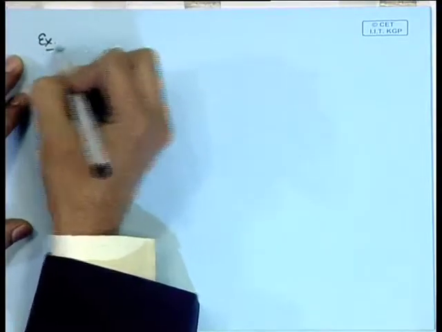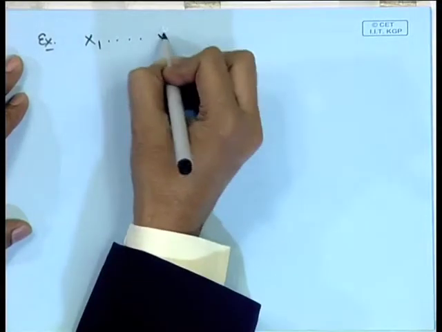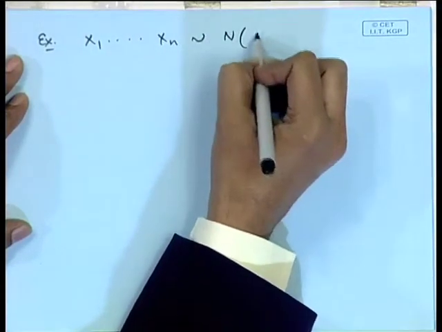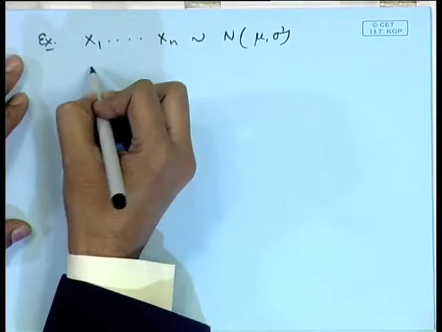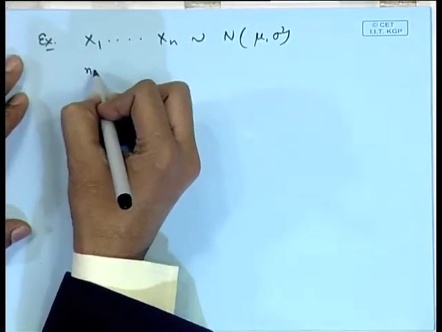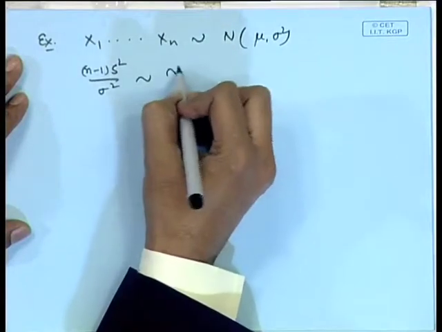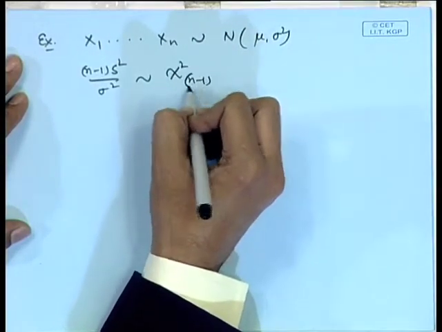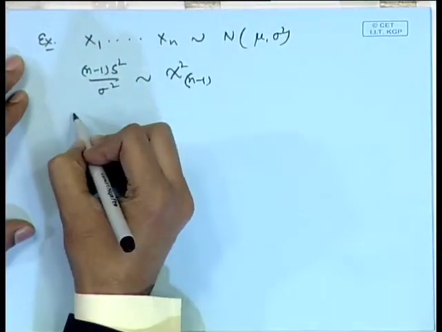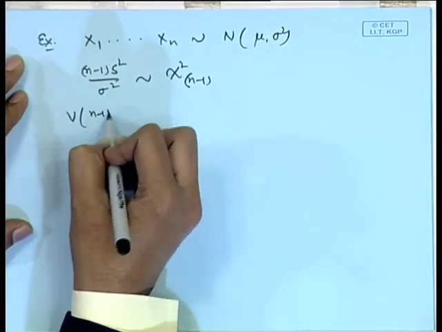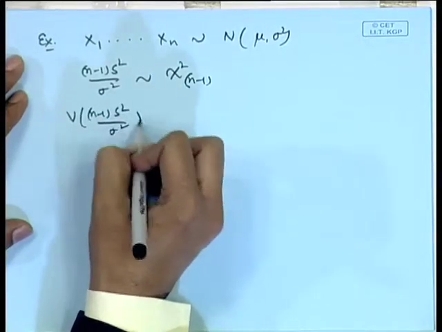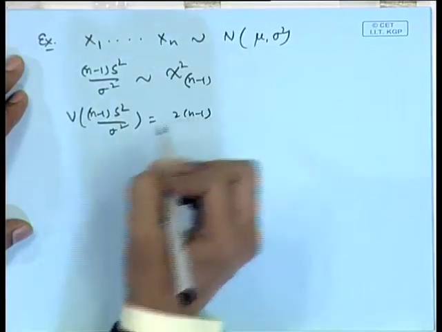Let me give an example here. In sampling from a normal population, n minus 1 s square by sigma square has a chi square distribution with n minus 1 degrees of freedom. So, we know the variance of n minus 1 s square by sigma square is twice n minus 1.